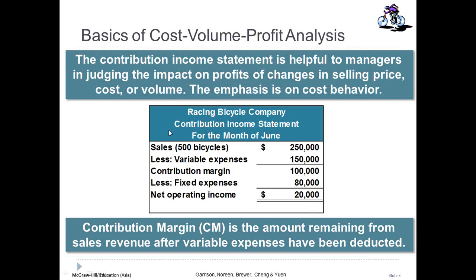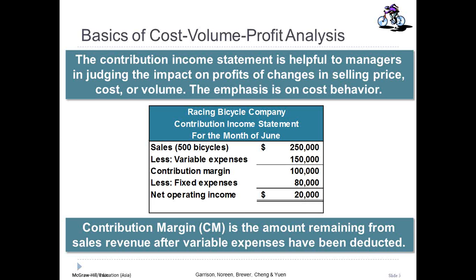Again, sales is always on top, net operating income always on the bottom. But in this contribution approach, we subtract variable expenses from sales. That gives us contribution margin, and then we take away fixed expenses. So the focus is, do we have enough contribution margin to cover our fixed expenses?